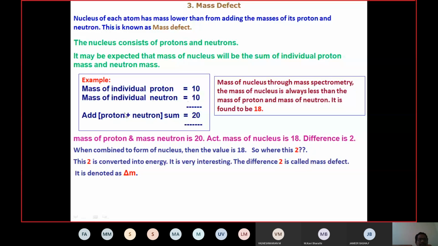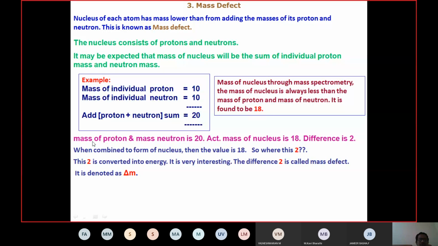If we add them together, the sum comes to 20. But if you measure the mass of the complete nucleus through mass spectrometry, the mass of the nucleus is always less than the sum of the proton and neutron masses. It is found to be 18.